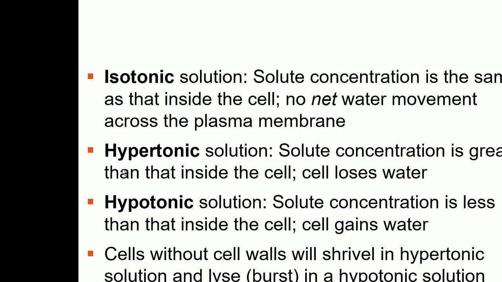These terms are always talked about in comparison. A hypertonic solution is a solution which is hypertonic when we compare it to some other solution. A hypertonic solution has a higher concentration of solutes in it when you compare it with some other solution.